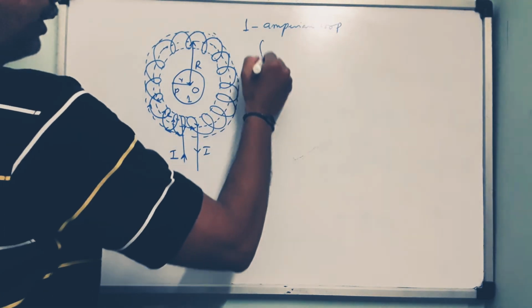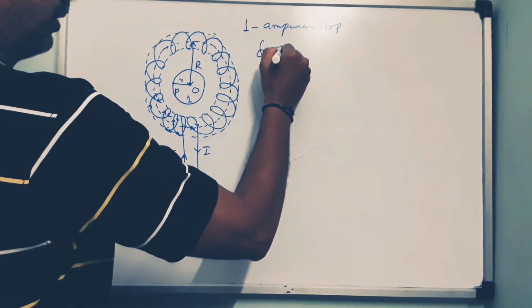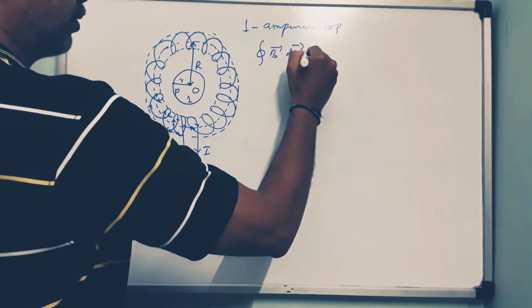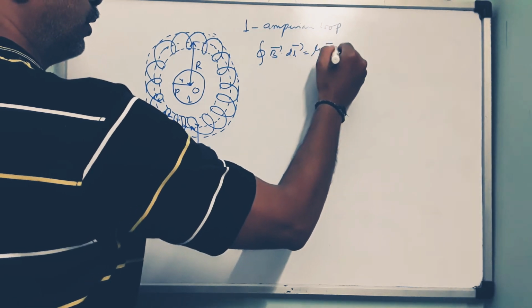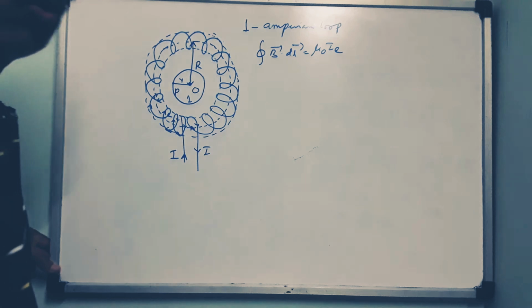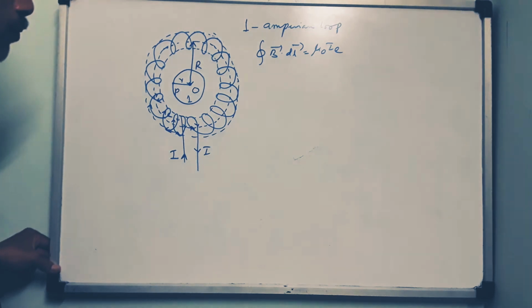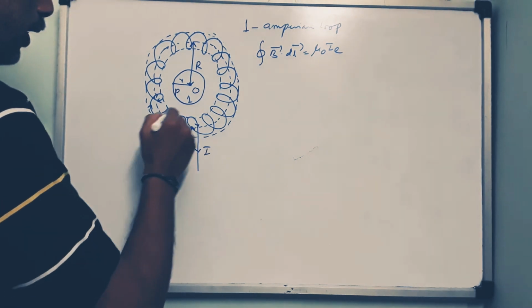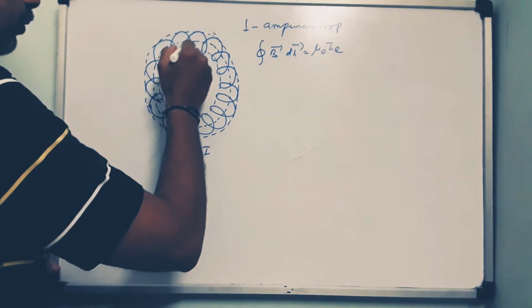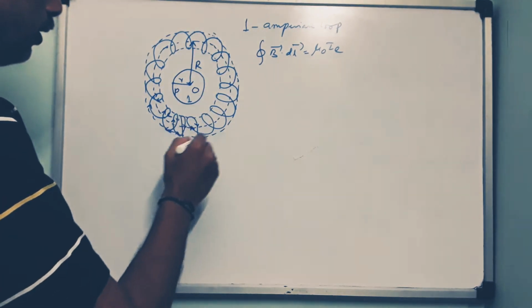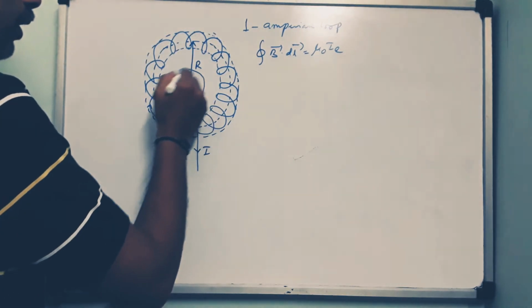The law says that the line integral of B dot dl equals mu naught into IE, that is, the current enclosed by the Amperian loop. Now current is threading in the toroid like this, in the turnings, but the Amperian loop is drawn well inside.